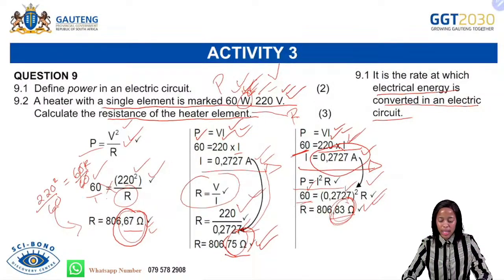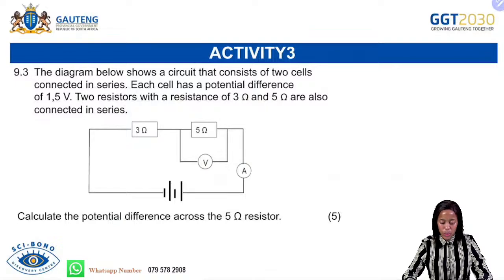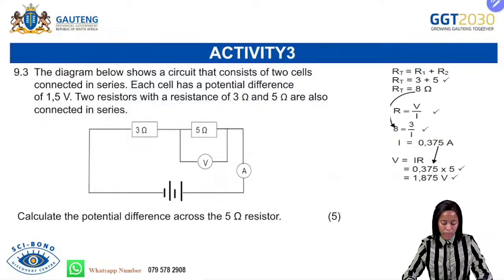Okay, so welcome back, learners. We have now run out of time, so what we are going to do is give you homework. You can complete the following. We had 9.3.